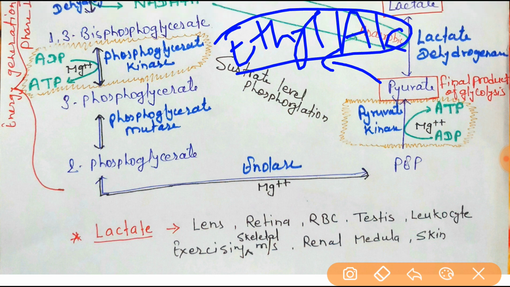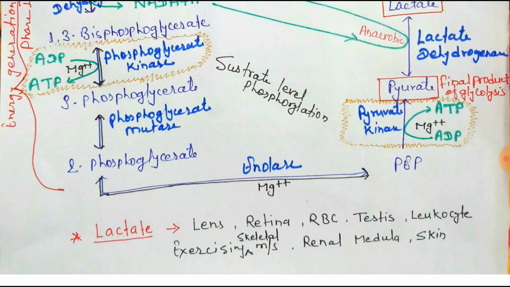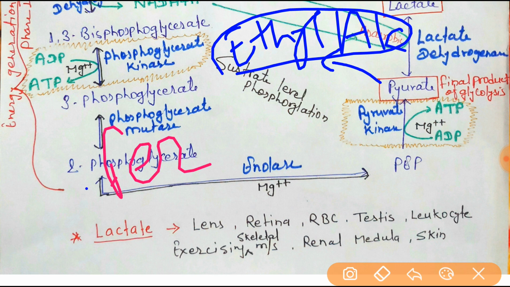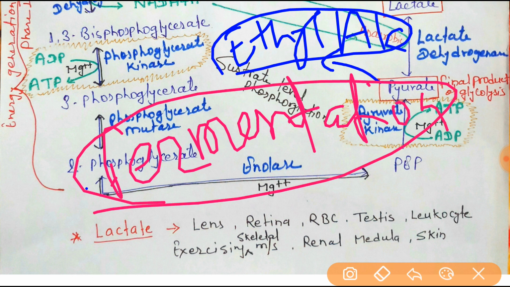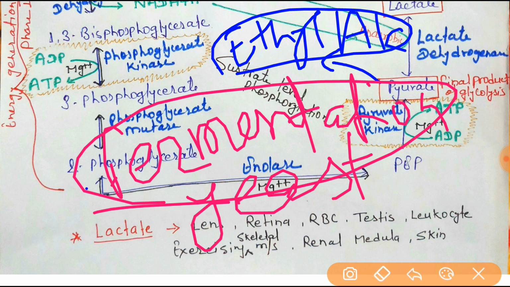Ethyl alcohol is formed in case of fermentation, and fermentation takes place in presence of yeast. So this is not a cycle of glycolysis in animal beings, so this is not discussed here.